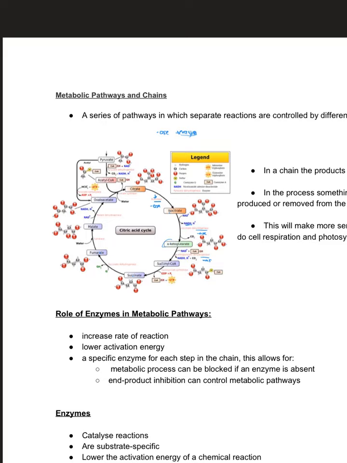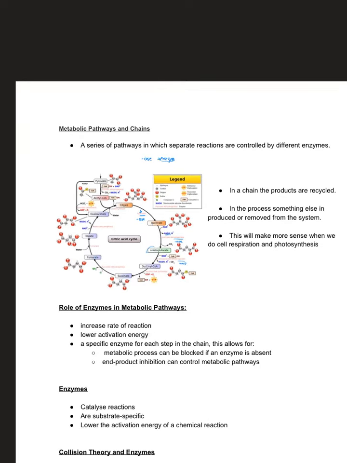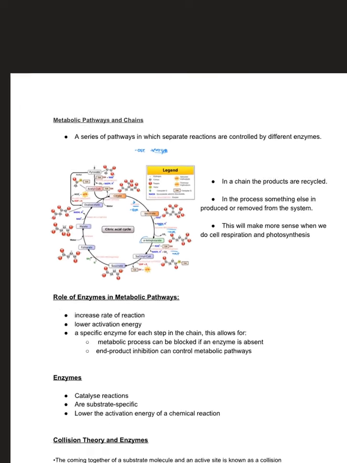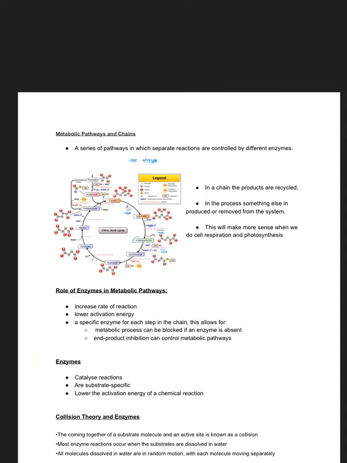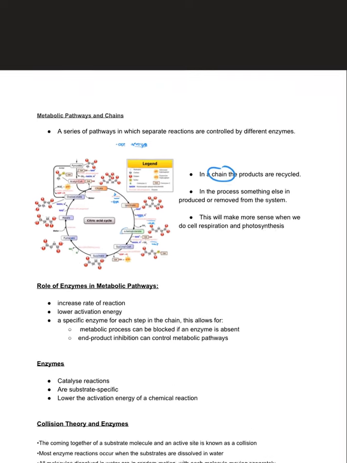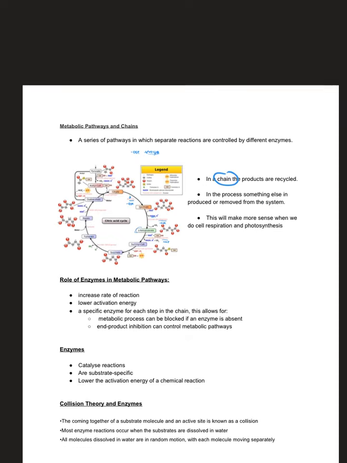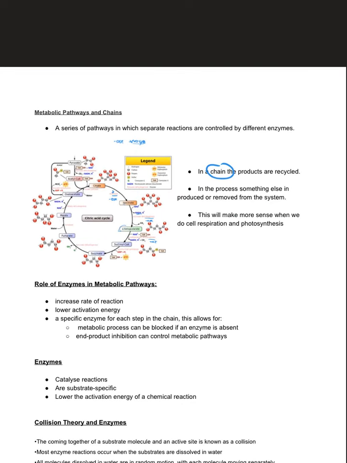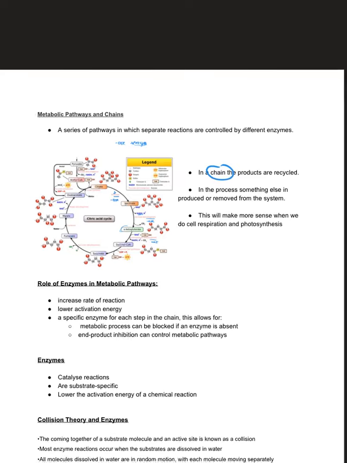Now, this is an example of a chain. The idea is that the products are recycled, and we'll come back to this with cell respiration. In a pathway, you get to the end, and that's all you make. So again, metabolic pathways, metabolism, is literally just a series of chemical reactions.